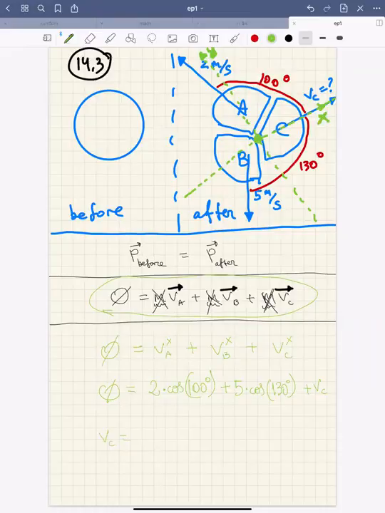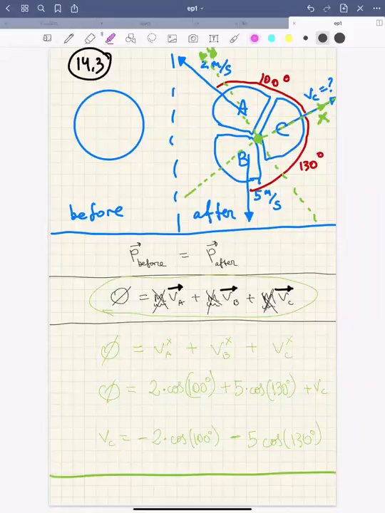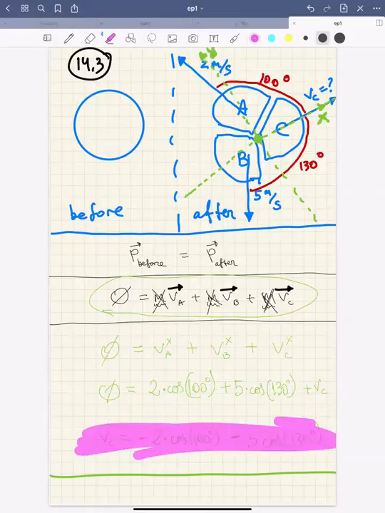VC is equal to negative 2 times the cosine of 100 degrees minus 5 times the cosine of 130 degrees. Okay, this problem is solved. And again, the main point here to pay attention to is that we knew nothing about the forces involved, but the conservation of momentum helped us to solve this problem anyway.